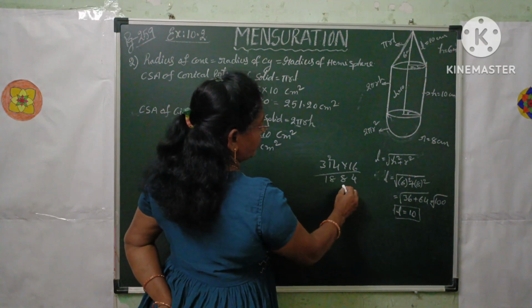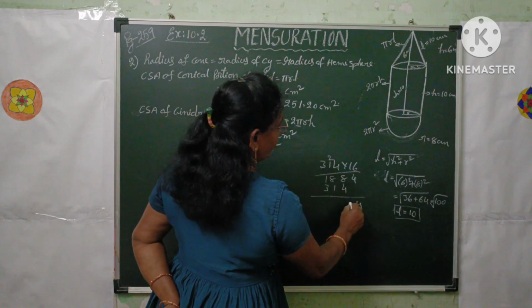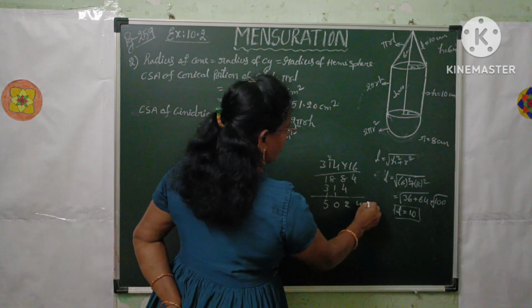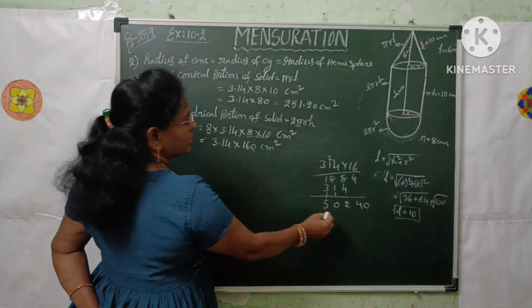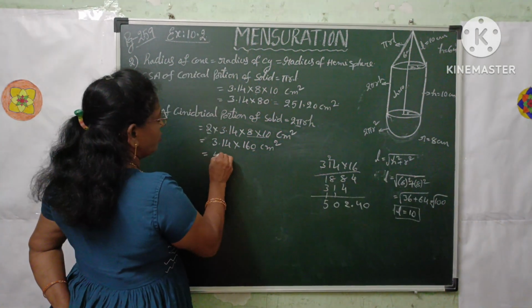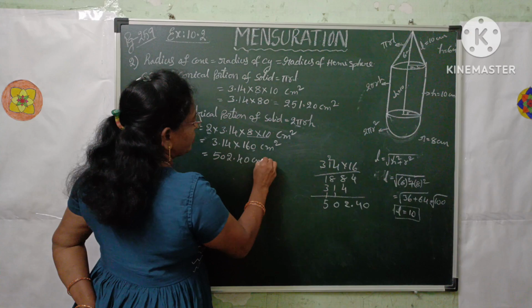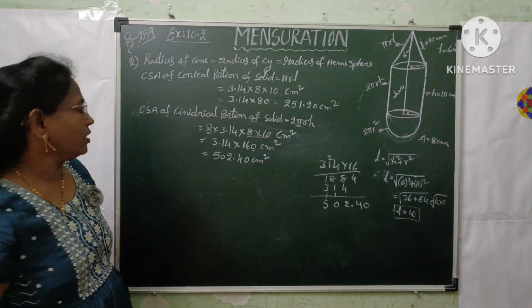Next one, with any number multiply itself 1 3. That is equal to 4, 2, 1, 0, 1, 5. And add right side 0. Why? Because here 0 is there. How many digits before decimal? 2 digits. Therefore, that is equal to 502.40 centimeter square. This is for the cylinder. Okay, right. Next one.